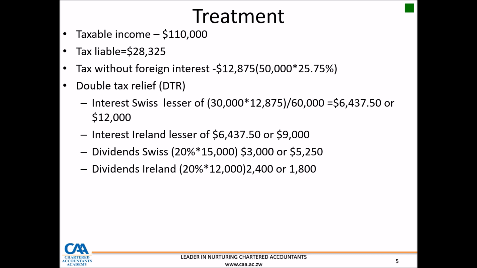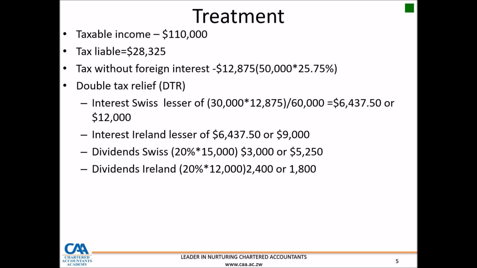As far as interest is concerned, for Switzerland, we will take the lesser of, as the formula says, the 30,000 we receive from the foreign entity, multiplied by the tax that we would have paid had we not included any of the foreign interest, which is 12,875, divided by all the foreign income we are looking at, which is 60,000.